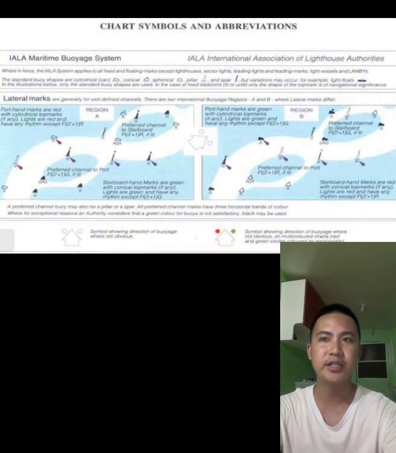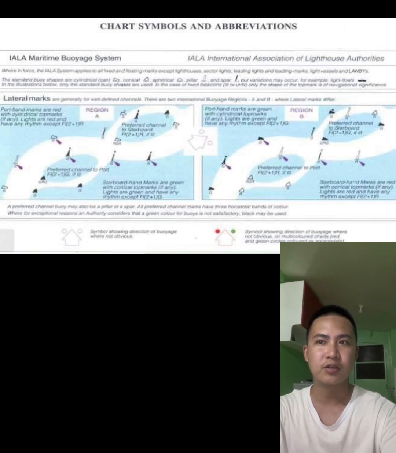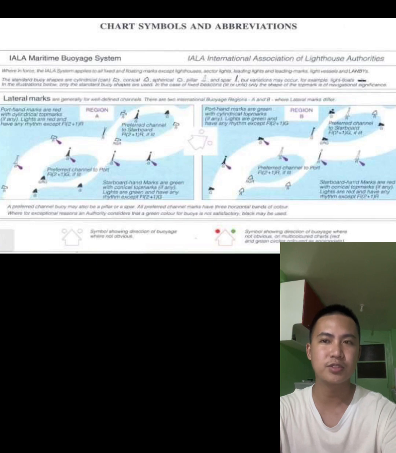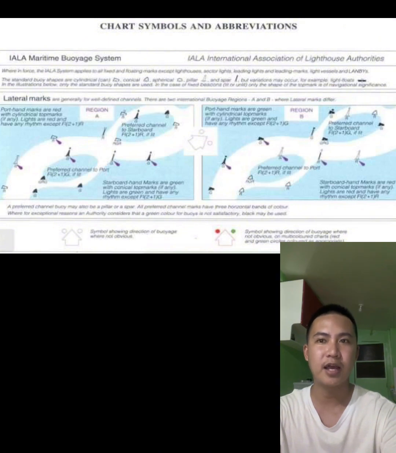Preferred channel to port is Fl(2+1)R if lit. Starboard hand marks are red with conical top marks. If any, lights are red and have any rhythm except Fl(2+1)R.